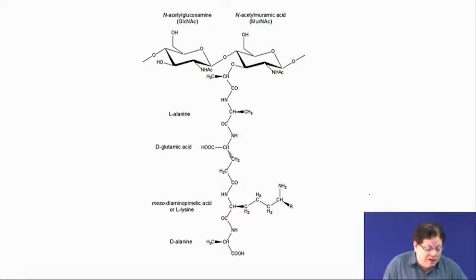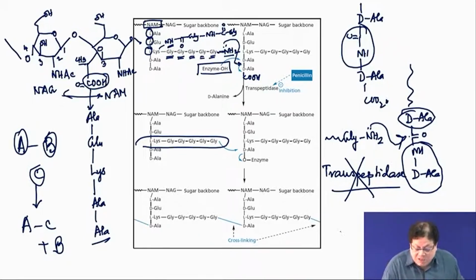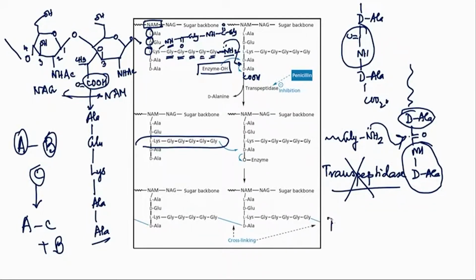But before that, I may mention that the structure that I gave you, that lysine, then glycine, glycine, glycine, is usually present in gram positive bacteria. In gram negative bacteria like E. coli, this lysine is replaced by an amino acid which is called diaminopimelic acid.